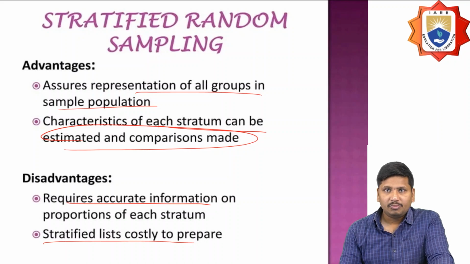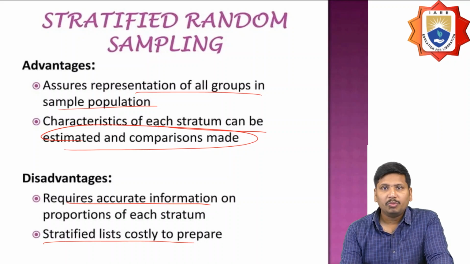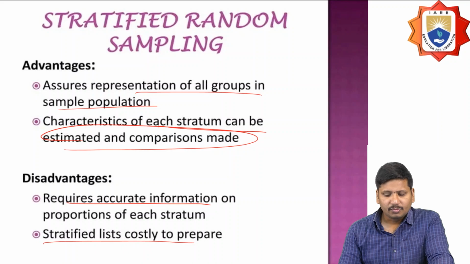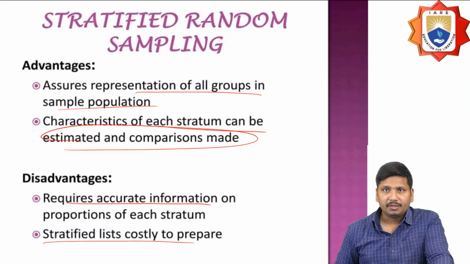So stratified random sampling means we assure the representation of all groups in the sample population, and the characteristics of each stratum can be estimated and comparisons made. The disadvantage is that we require more accurate information, and the stratified list is costly to prepare.